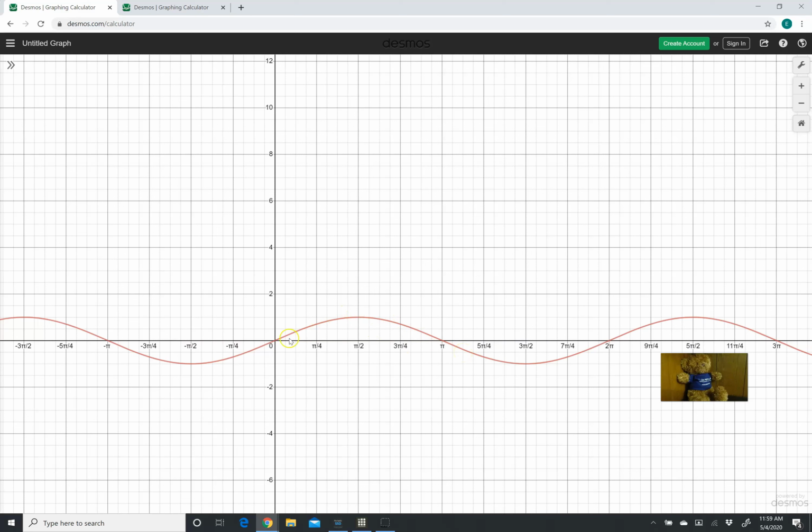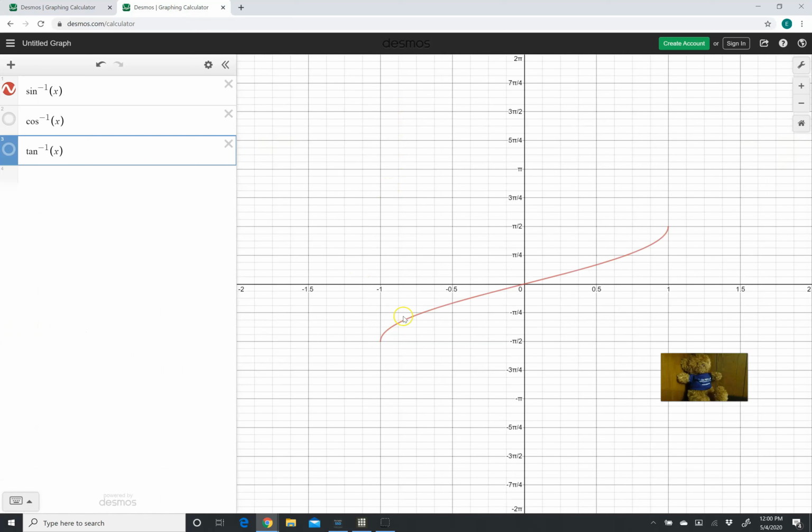We're going to take that out, and we're only going to take from -pi/2 to pi/2, and we're going to reflect that. From -pi/2 to pi/2, it's a 1-to-1 function. It passes both the horizontal and the vertical line test. So we're looking at this. We're reflecting this piece.